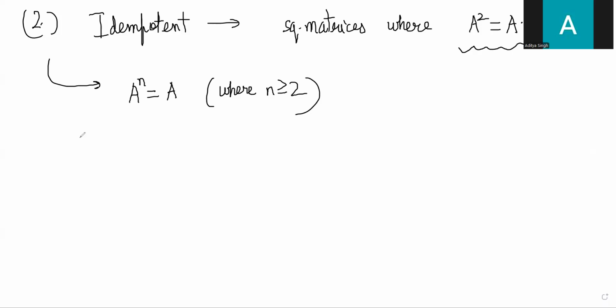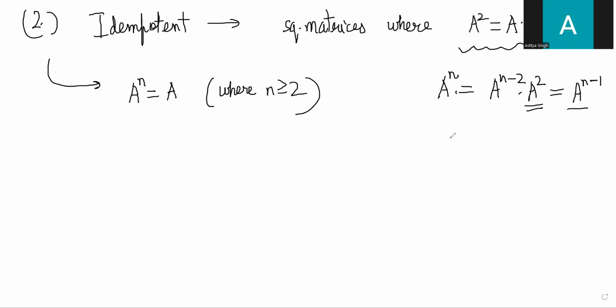For all n. The reason is that you can always write A power n as A power n minus 2 into A square, and this becomes A power n minus 1 because A square is A, right?